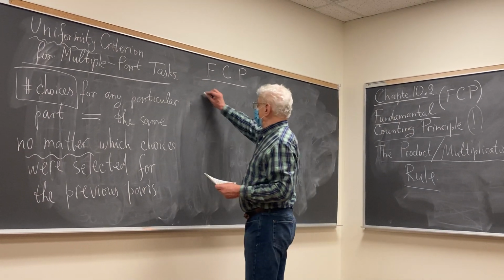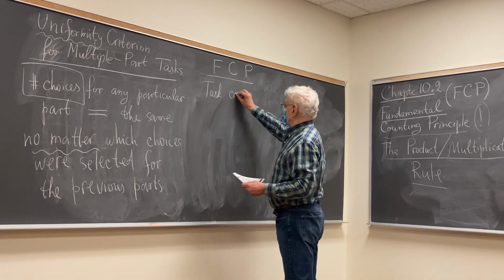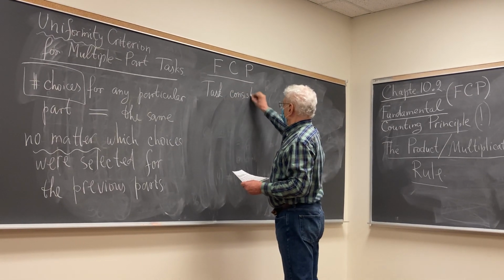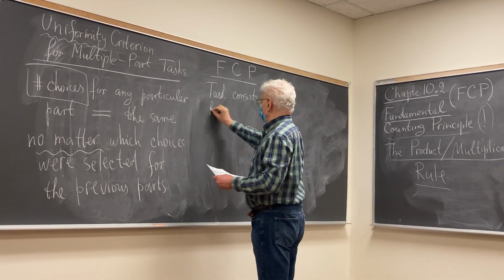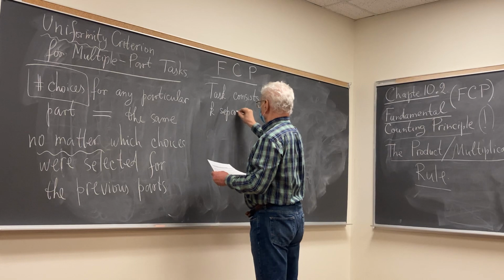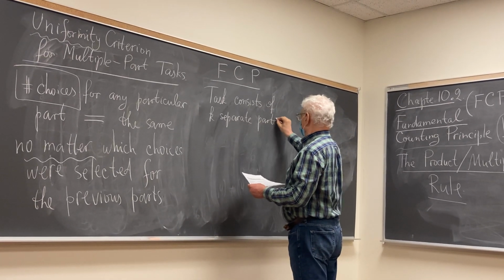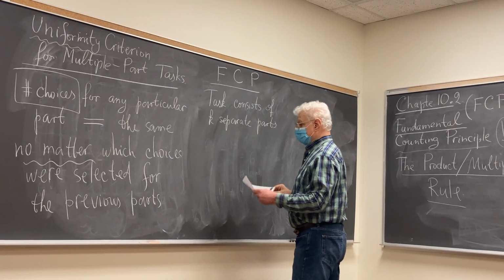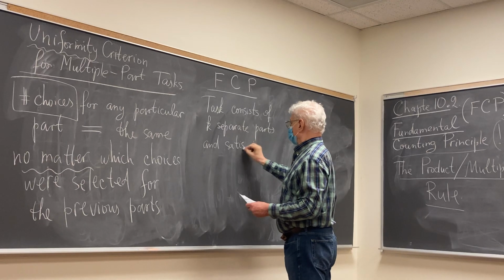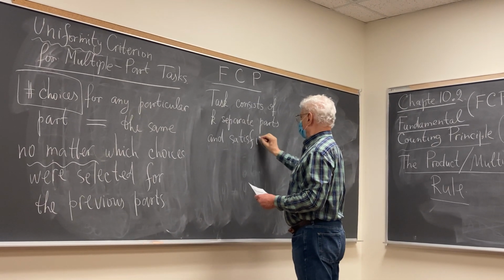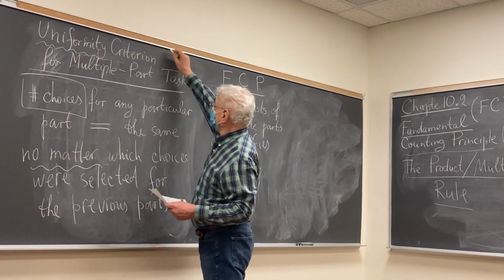So suppose we have some task consisting of k separate parts and satisfying UC, the uniformity criteria.